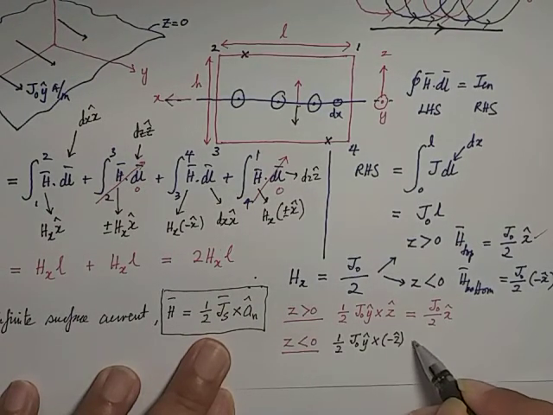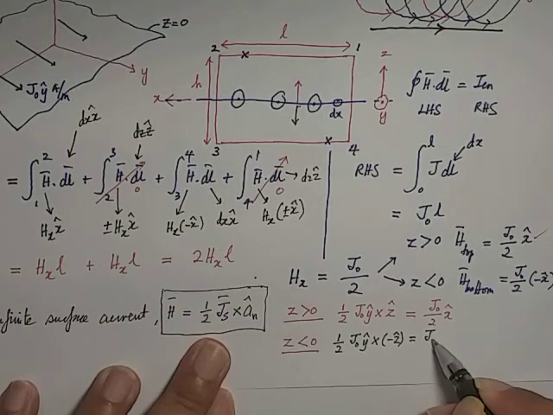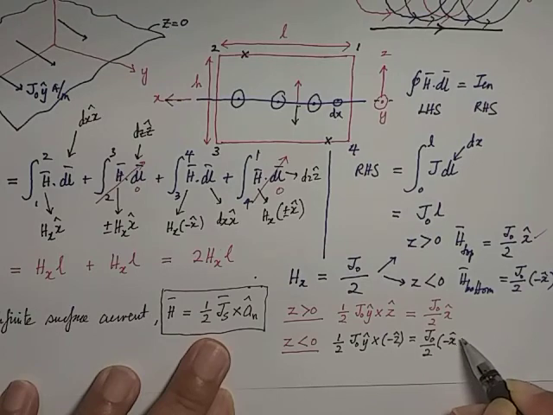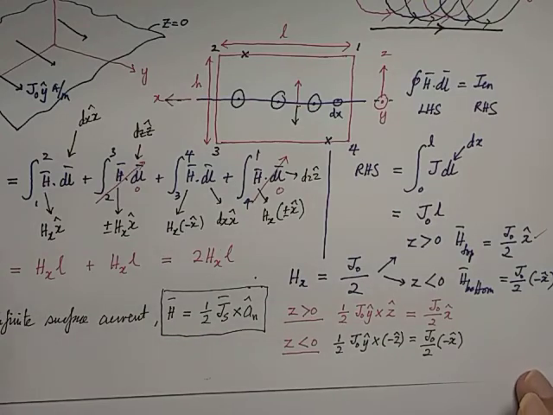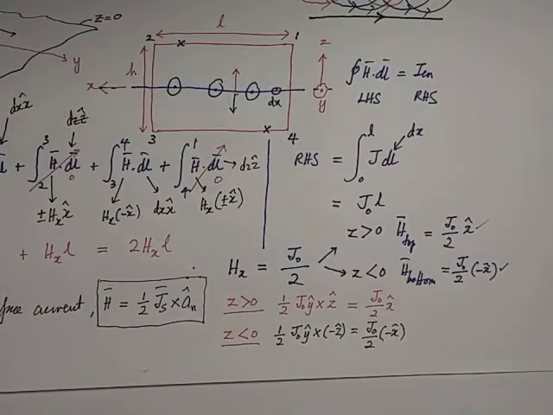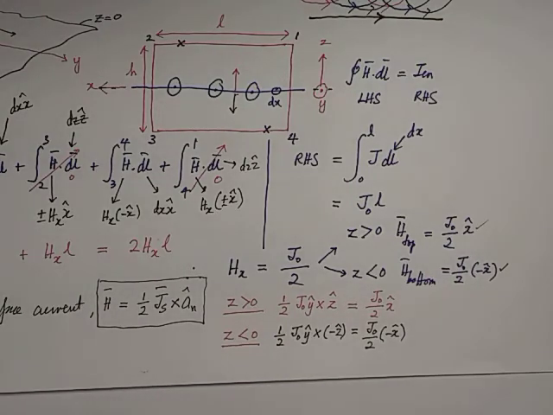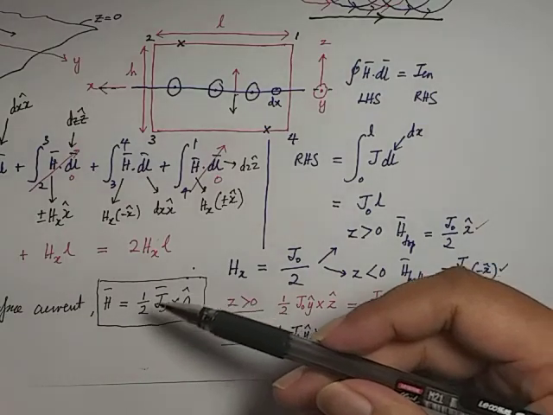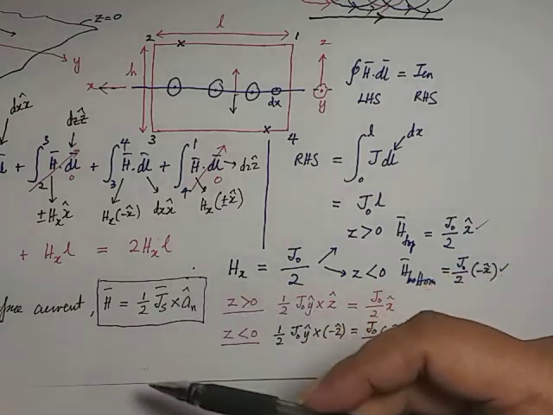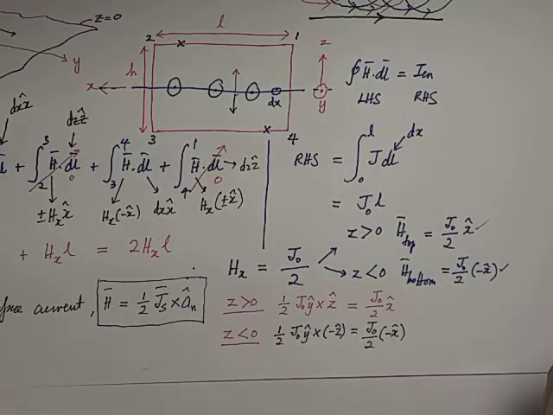When you do the mathematics, inshallah, you're going to end with J naught over 2 with negative x. Again, this agrees with what we have proven earlier using the quite lengthy approach of ACL. So in case the problem does not ask you to prove, then you can use this standard formula for your infinite surface current.